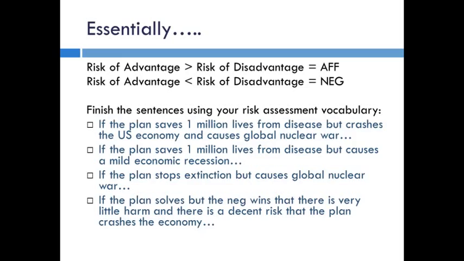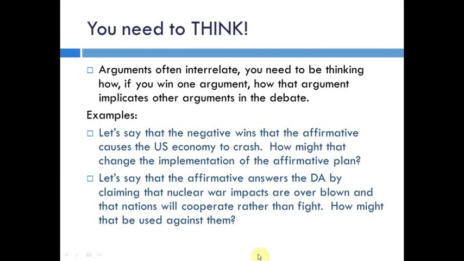The fourth one, if the plan solves but the neg wins and there's little harm and there's a decent risk the plan crashes the economy, that one's kind of up in the air because we have to debate about that and have more information. I could be on either side.